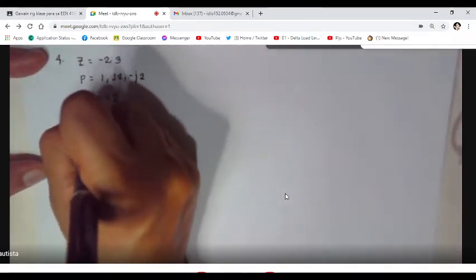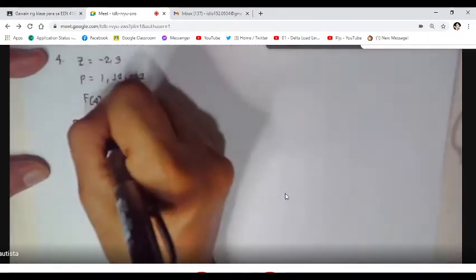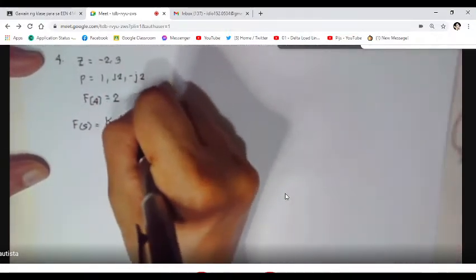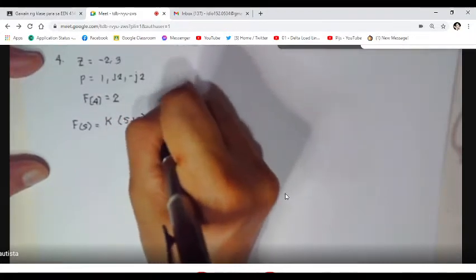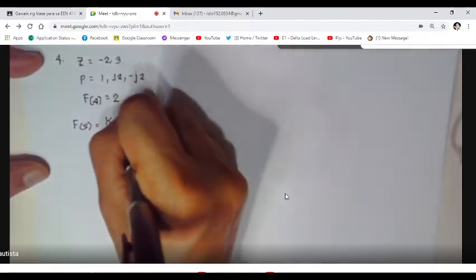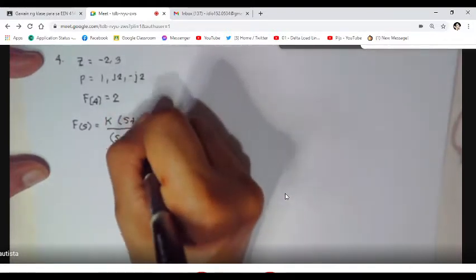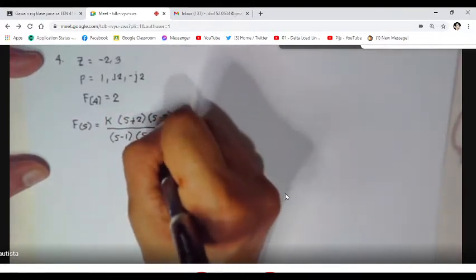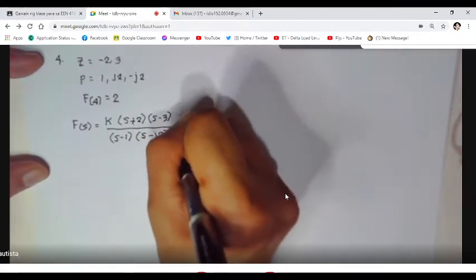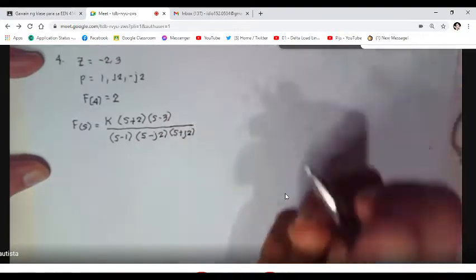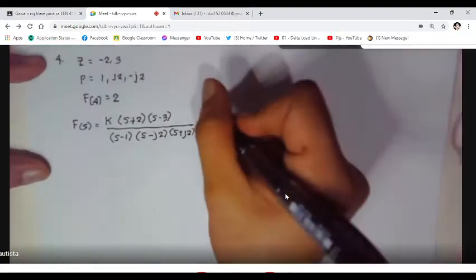So we have f of s equal to k times (s plus 2)(s minus 3) all over (s minus 1)(s minus j2)(s plus j2), and that is equal to 2.